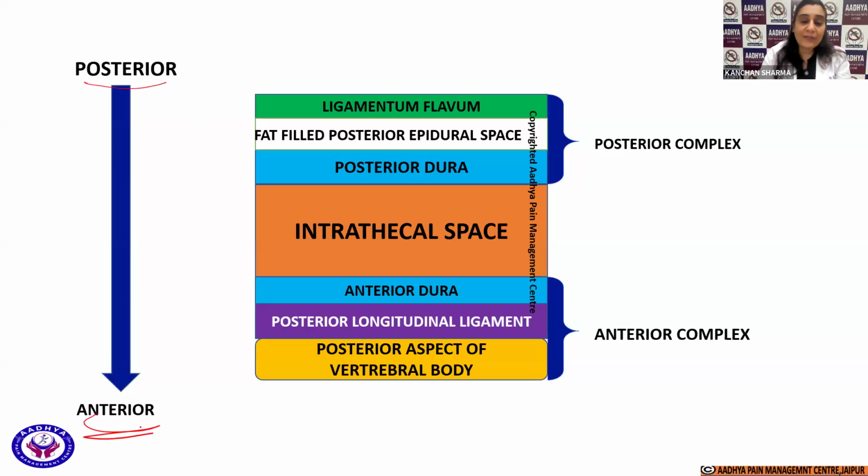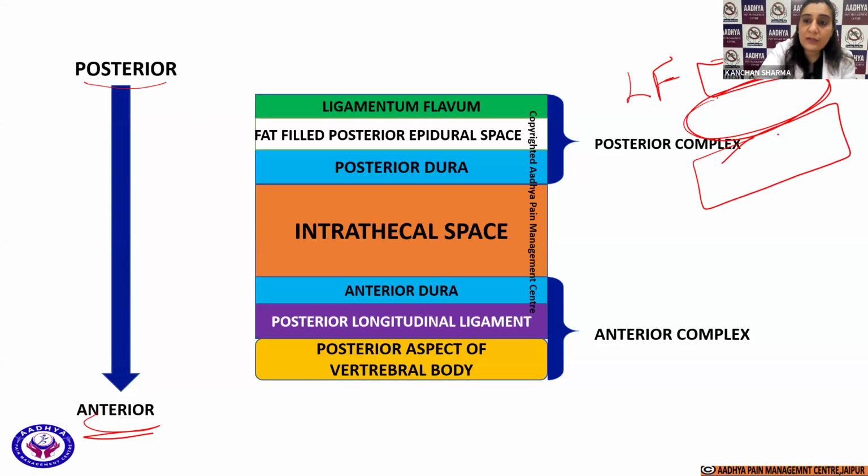So what do you have in the posterior? First you will have the ligamentum flavum, then your epidural space, then your posterior dura. The ligamentum flavum and the posterior dura will be hyperechoic in nature because they are connective tissue structures.